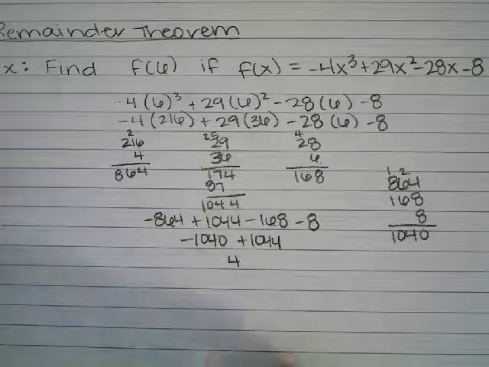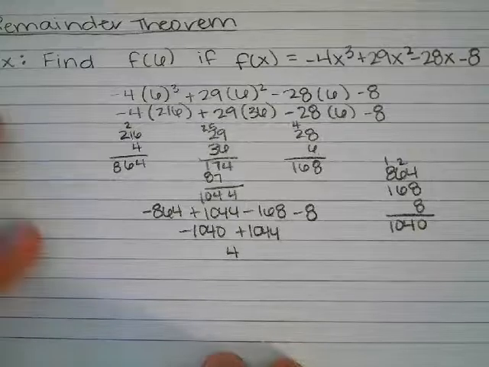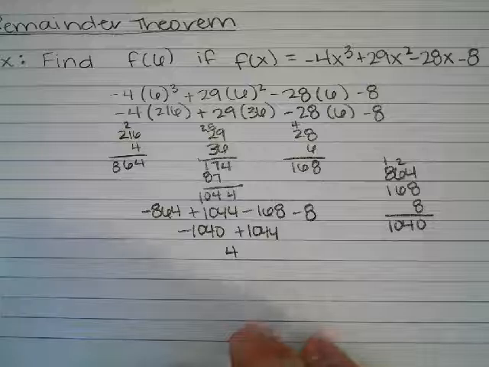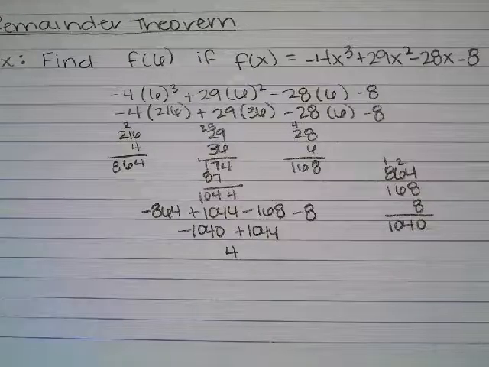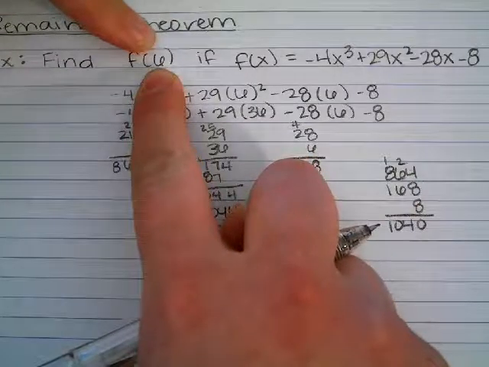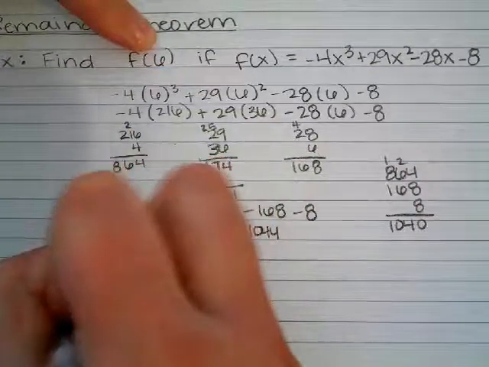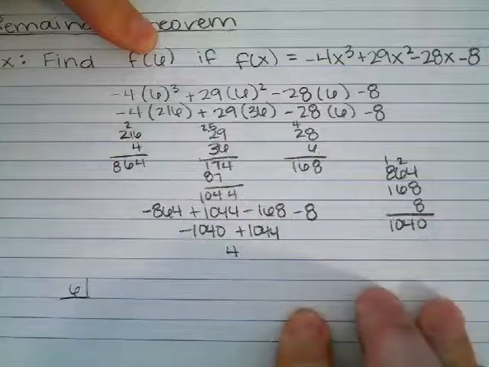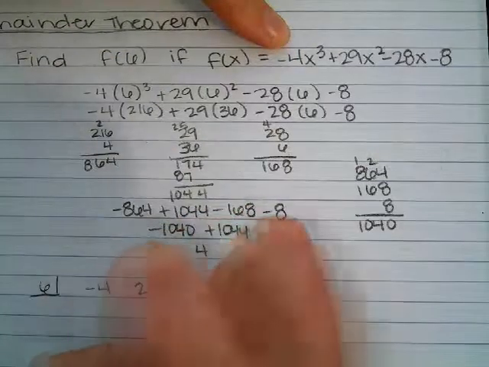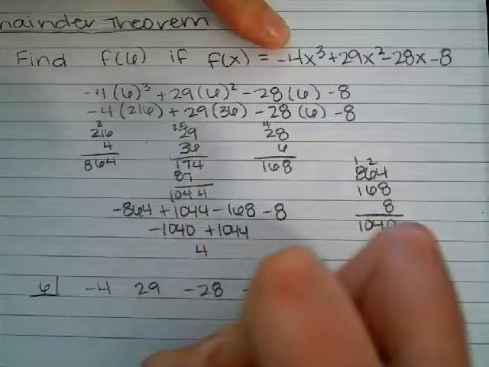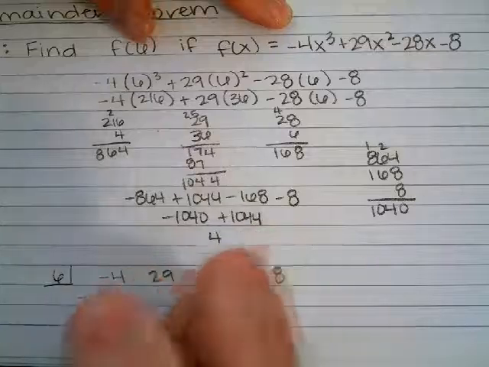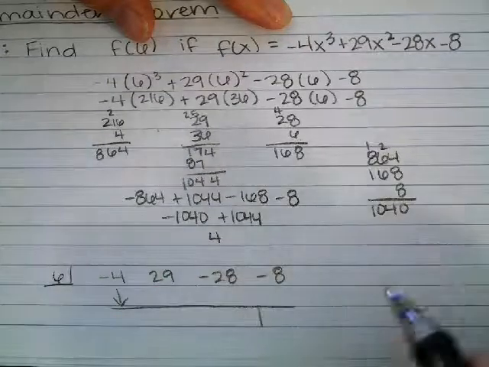Now, I'm going to show you something that is very cool. So what we're going to do is say, this is a 6, so I'm going to put a 6 in the box. And then this is the function, so I'm going to put -4, 29, -28, -8. This is called the remainder theorem, so I'm going to circle the remainder because I think it's going to be special. Okay, are you ready?